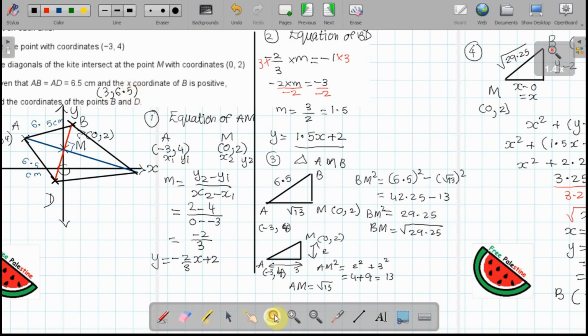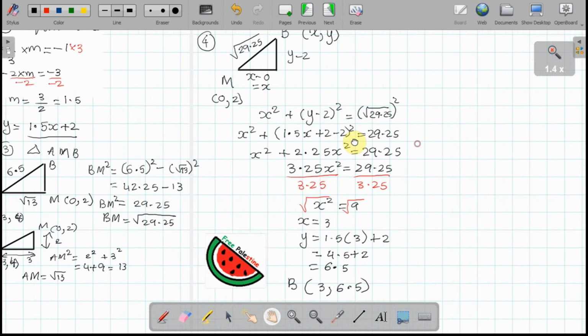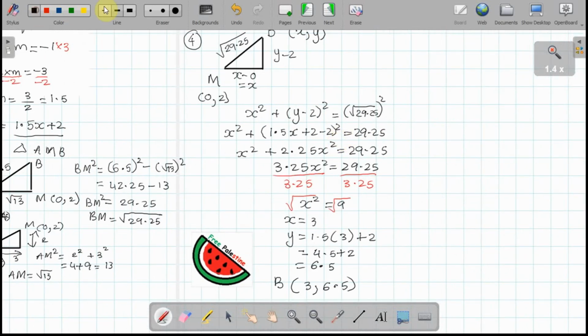Now we have to find the coordinates of D. So I'm going to finally come over here and draw a line. And on this line, I have 3 points, B, M, and D. So the top line is B, its midpoint is M, the bottom point is D. And why is the midpoint M?